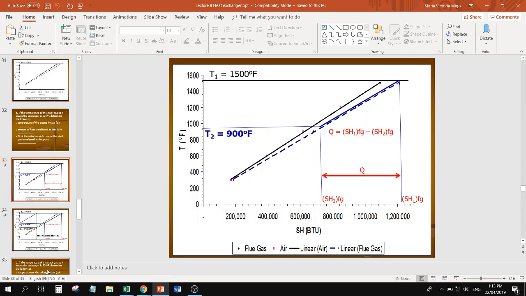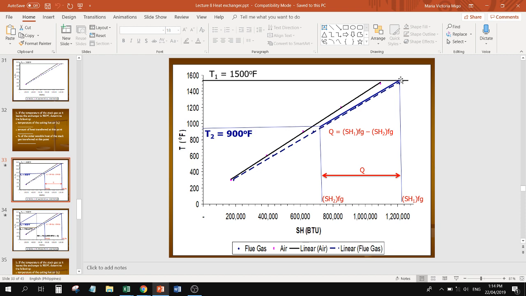Graphically, you can solve it this way. So first is to draw a horizontal line at the initial temperature of the hot flue gas. So this is 1500. So this line is temperature equal to 1500 degrees Fahrenheit. Next is to plot the temperature required, which is 900 degrees Fahrenheit.